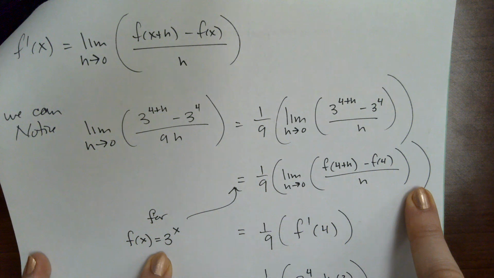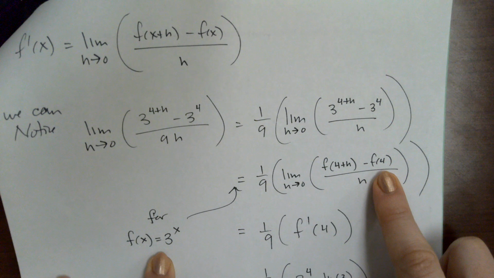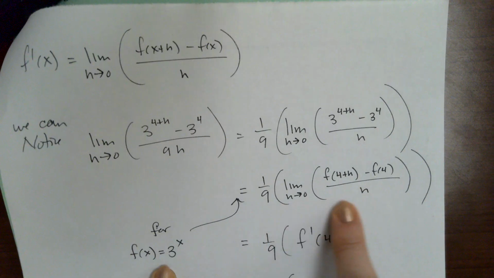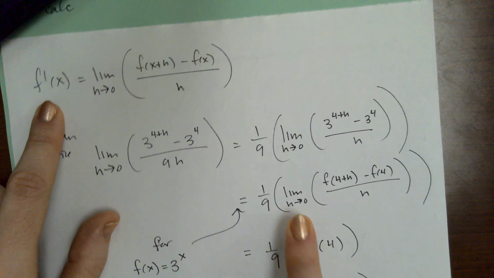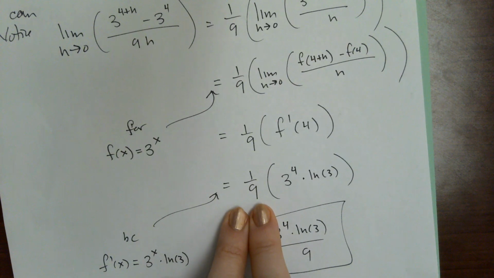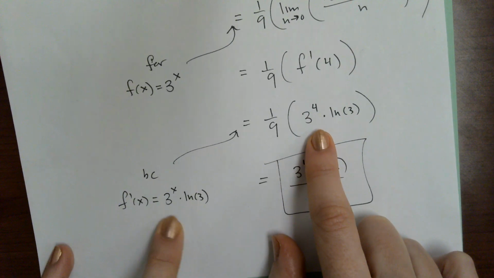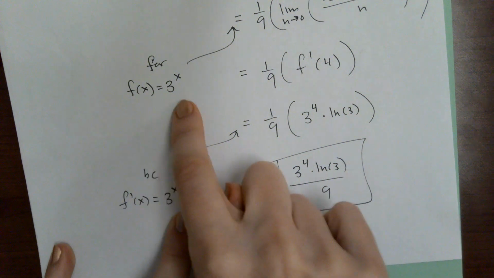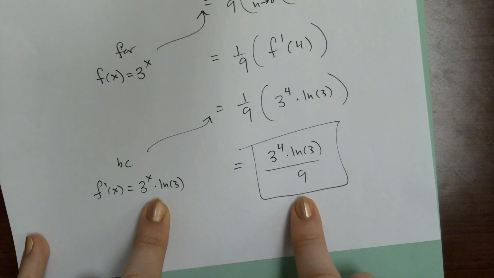So that would be f of 4, and this is just the limit definition of f prime of 4.